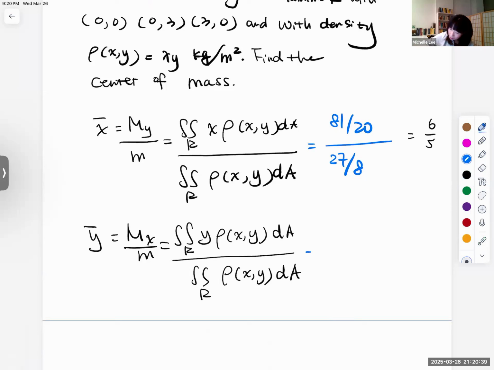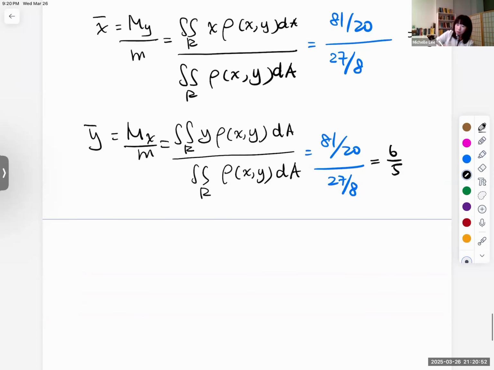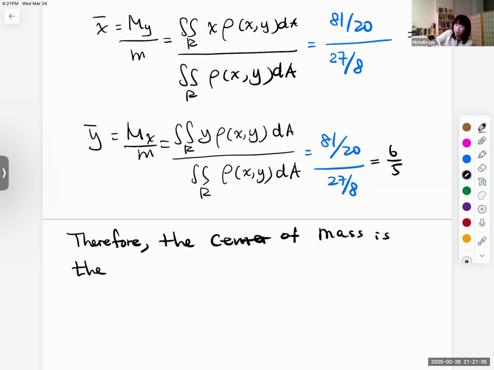So we have 81 over 20 over 27 over 8, which is 6 over 5. Therefore, the center of mass is the point (6 over 5, 6 over 5).